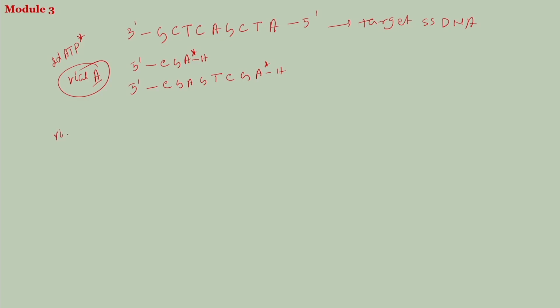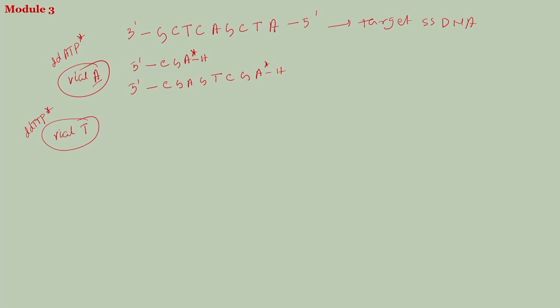The second is vial T, and that has ddTTP with the labeled one.